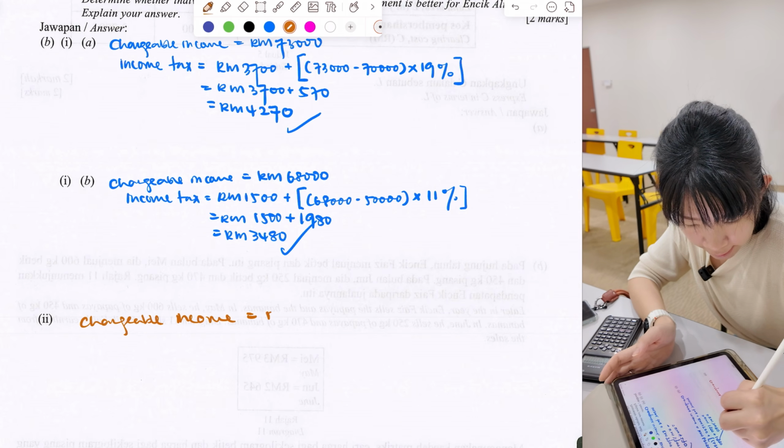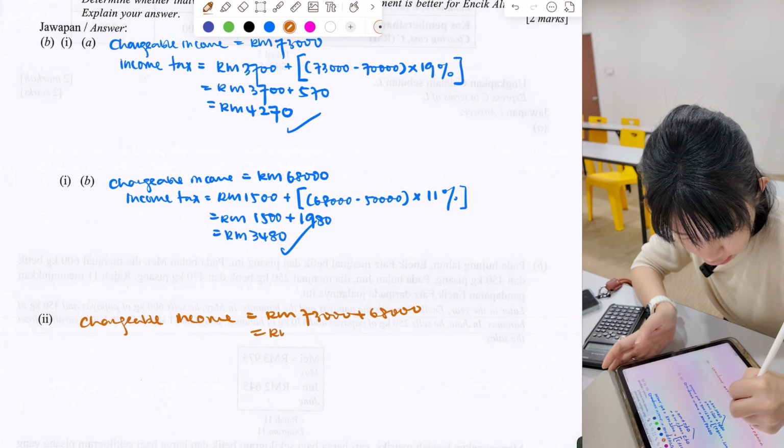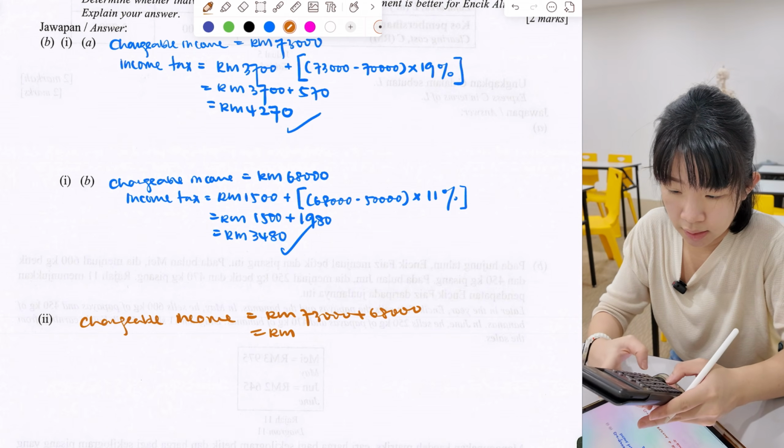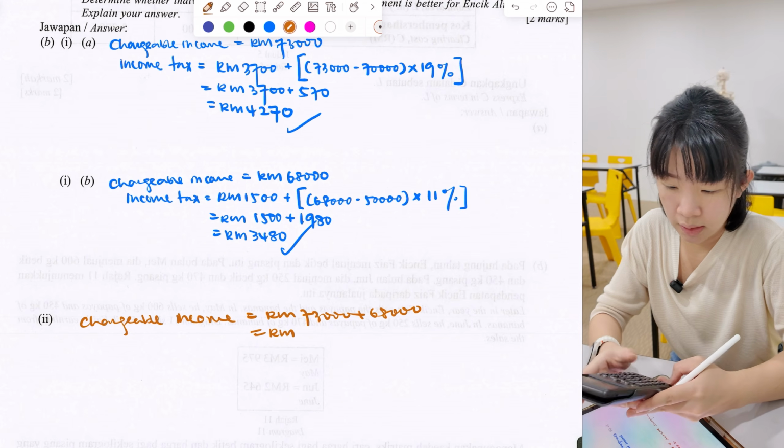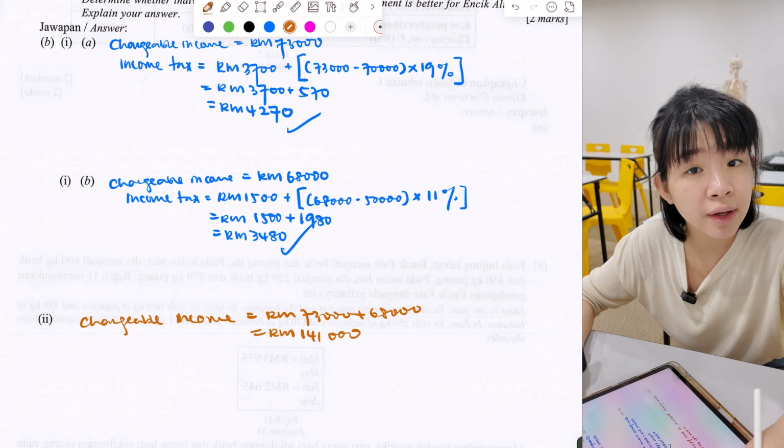Chargeable income for both of them is 73,000 plus 68,000, which is 141,000.